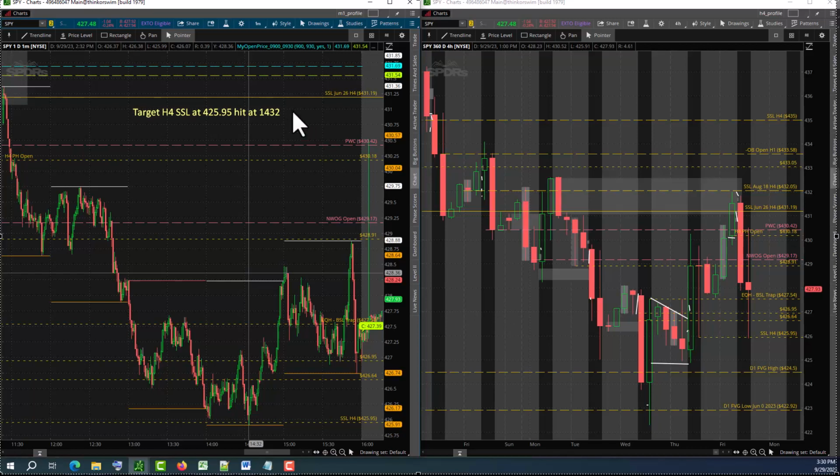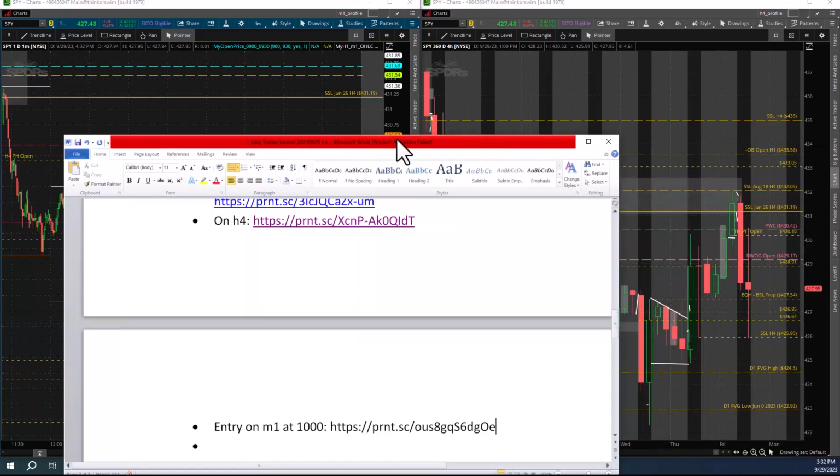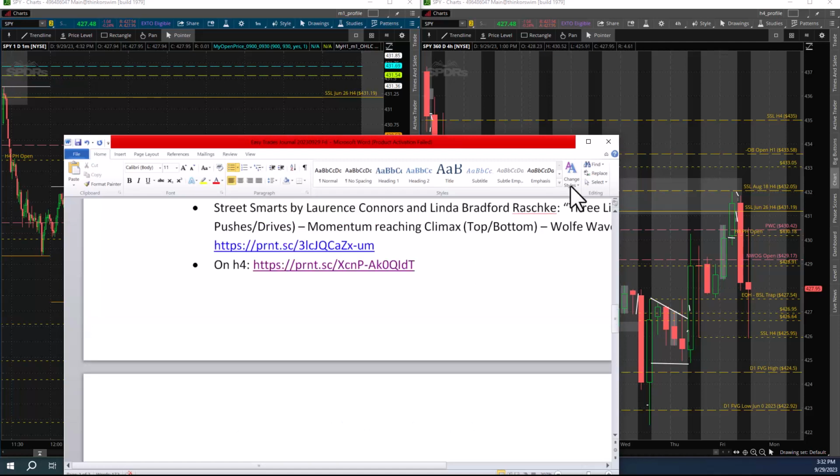That's how you see right there. This is right here. That's our target, and it hit right here.